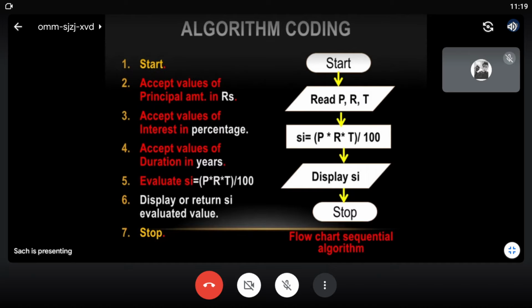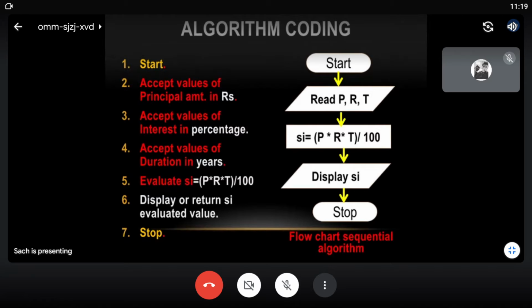You can see the parallelogram prepared for the input symbol. The processing is done in the rectangle symbol, and finally the output is the same as the input symbol. Over here we can see that there are sequential steps from start to stop. Therefore, such algorithms are termed as sequential algorithms.